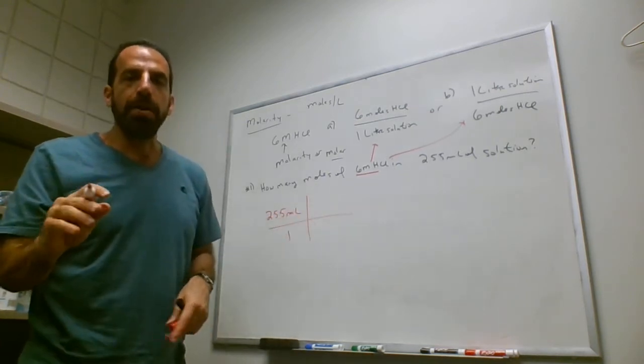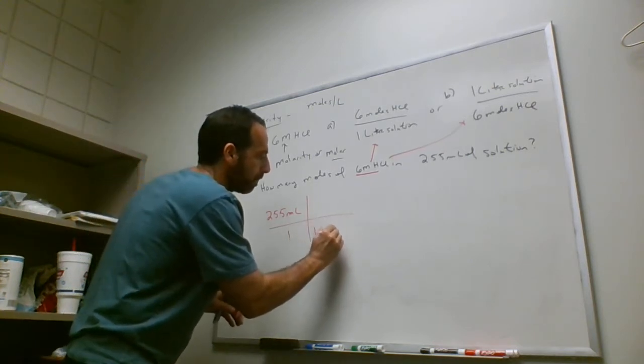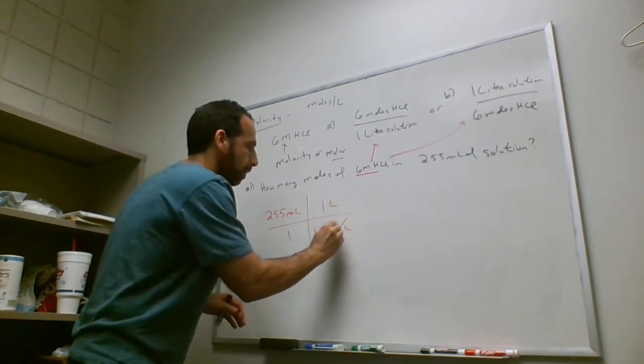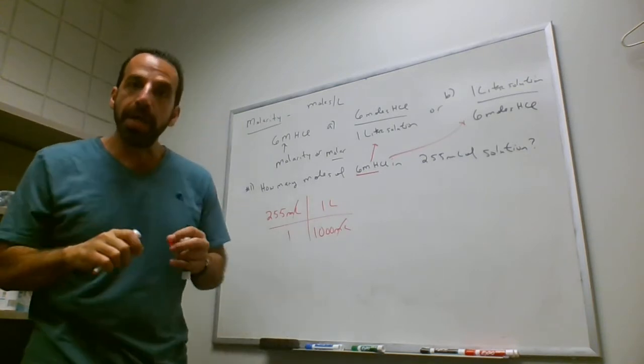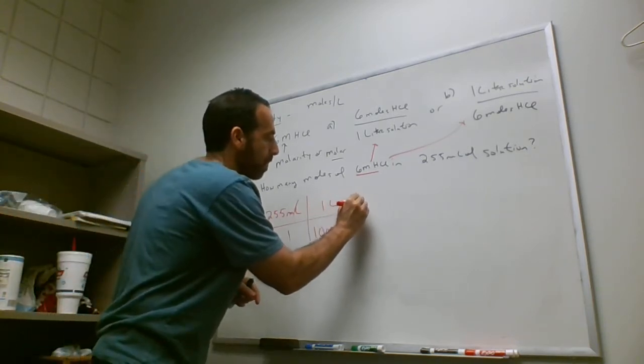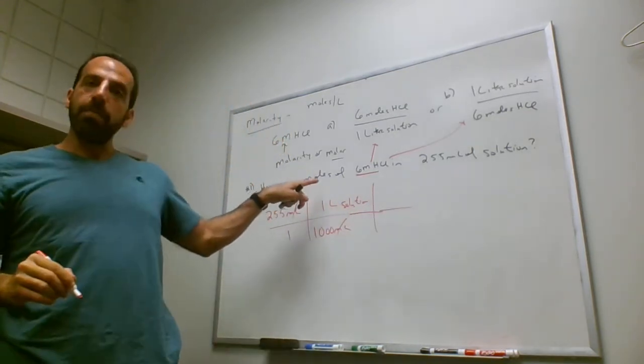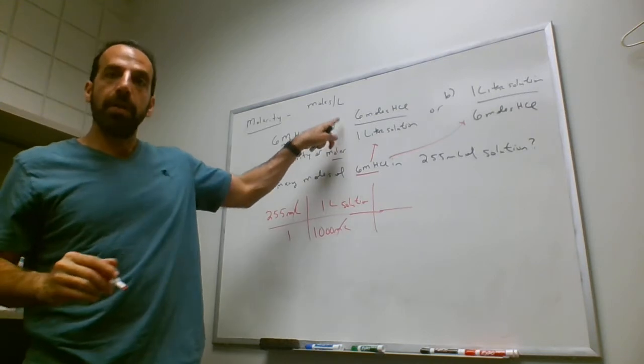Whenever you deal with molarity, convert that to liters. So 1,000 milliliters is going to be 1 liter. This is 1 liter of solution. I need to end up with moles, so I'm going to use unit factor 8.